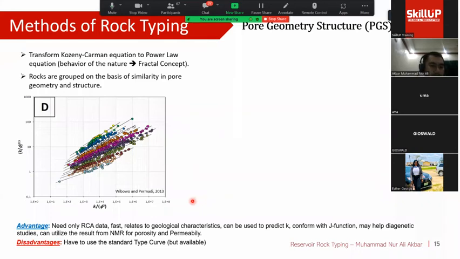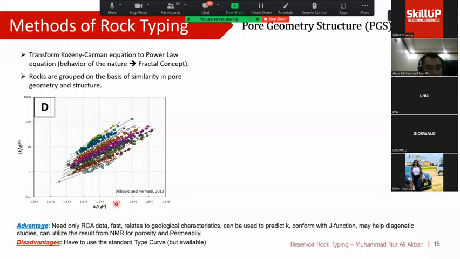The basis of this rock type is the similarity of the pore geometry and pore structure. It is plotting similar to the flow zone indicator or hydraulic flow unit methods, with the RQI. But the difference is the x-axis, which we call the pore structure, the parameter of permeability over porosity to the power of 3.